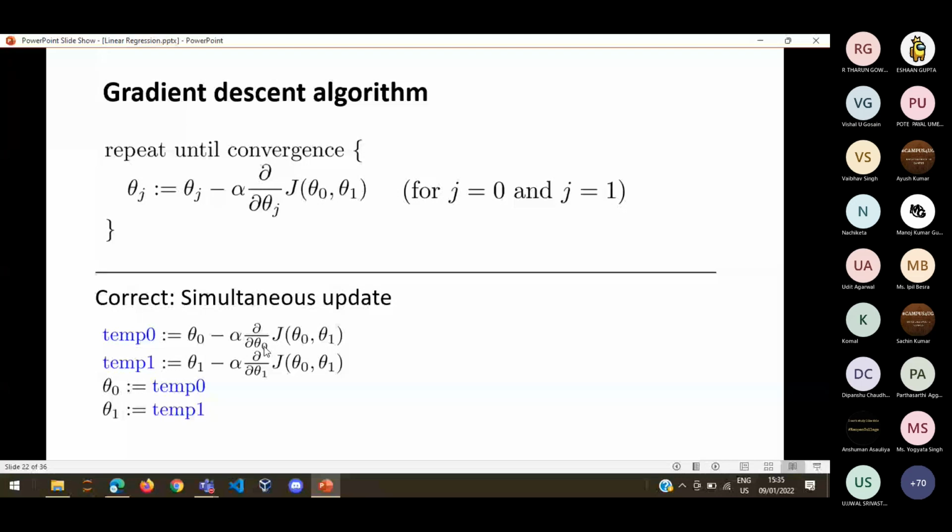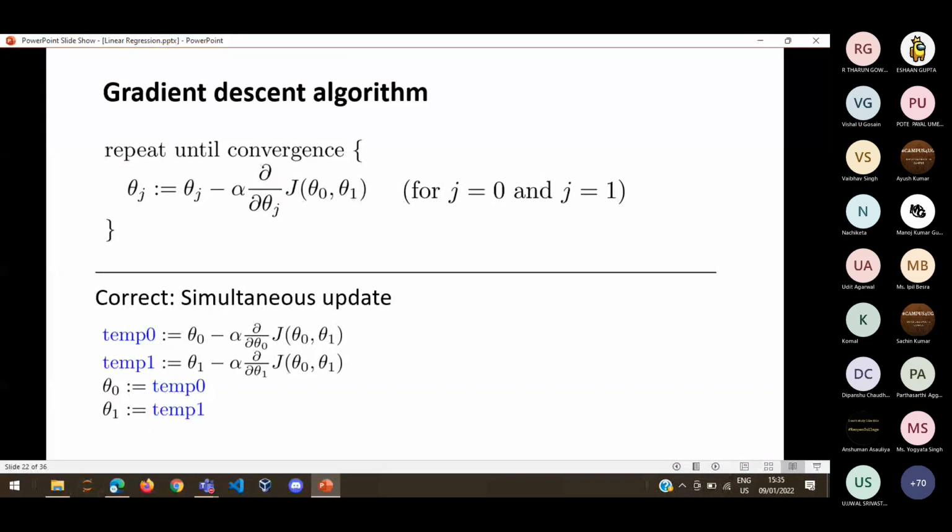Simultaneous update is necessary, because if you don't, that on your right side is an incorrect method. What you have done here is first you store the new value of theta naught in temp 0, and then you are re-changing the value of theta naught. But it is wrong, because you are going to use this theta naught value for calculating this gradient also.